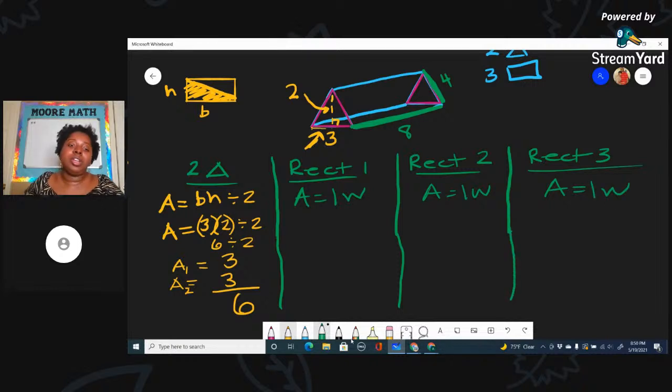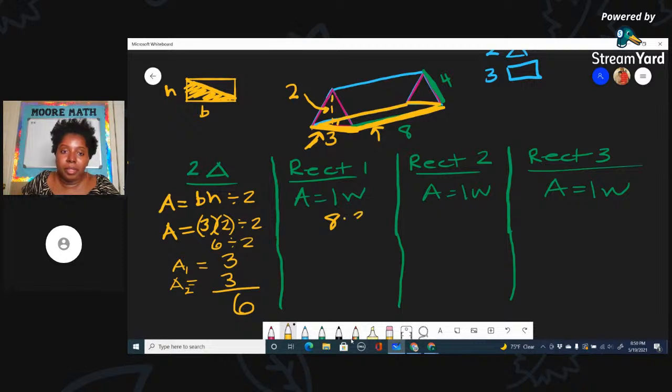Okay, let's start with the bottom. So this bottom part right here. What's my length and what's my width? So how much is this right here? 8. Yep. And then what's my width? 3.